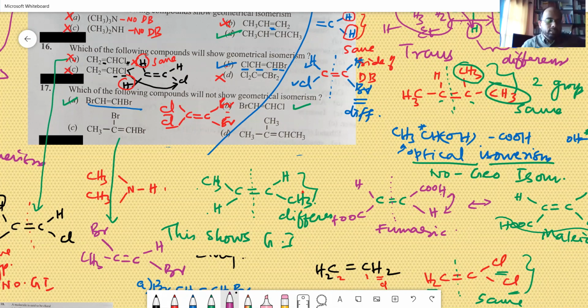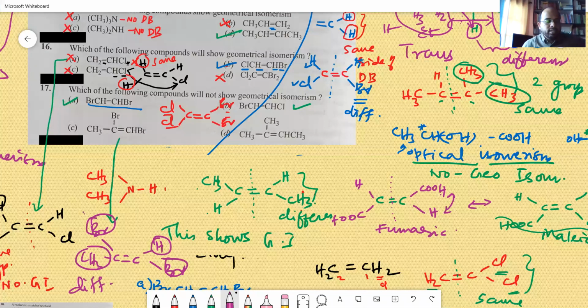CH3 CBr double bond CHBr. So here you have all different groups. Across the double bond, according to priority, you will get the high priority groups on opposite sides. So it is the trans isomer. This also exhibits geometrical isomerism.